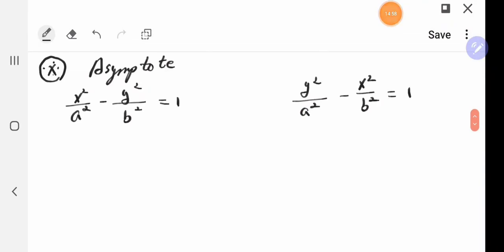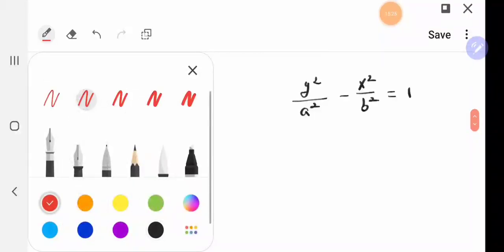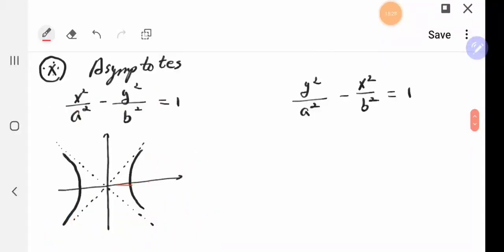Okay, let's find the equation of the asymptotes. For this equation, we know the shape looks like an X. So let me draw the asymptote line. If we graph it, it looks like this. a is the vertex, so this will be length a. b is the height, so this is b.